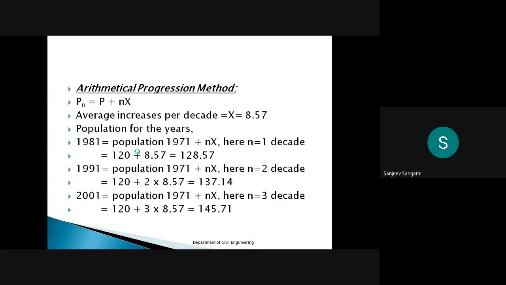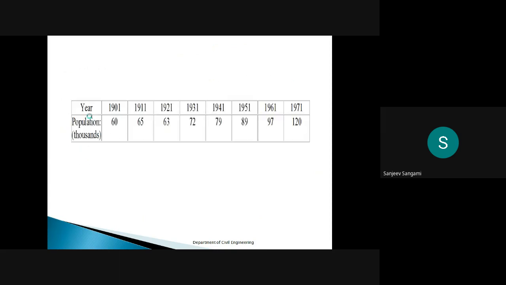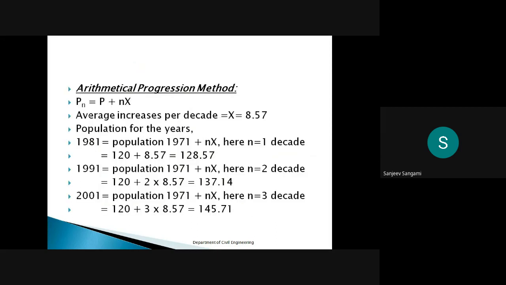So in 1991, we'll write it like this: (1991), 2001, 2011. It will start from 1901.